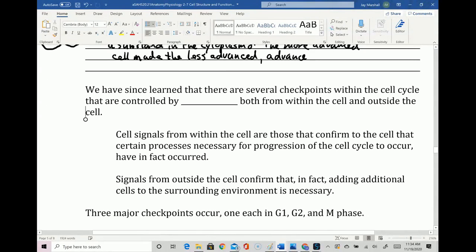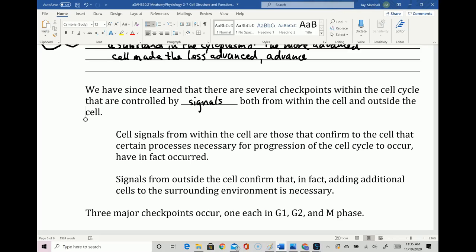We have since learned that there are several checkpoints in the cell cycle that are controlled by cell signals, both from within the cell and outside the cell. So I've got checkpoints. And if I get the correct signal, I'm going to advance. If I don't get the correct signal, I'm going to stop.